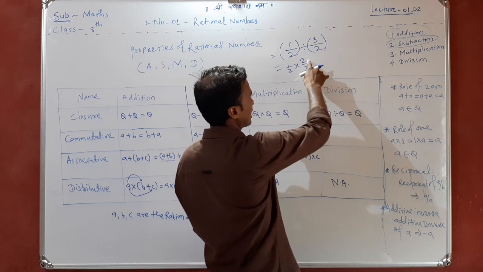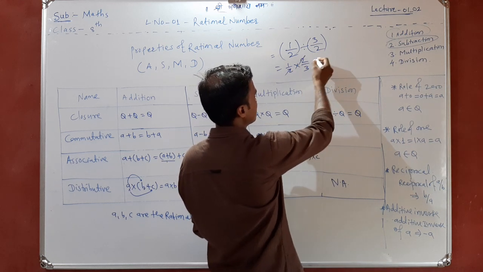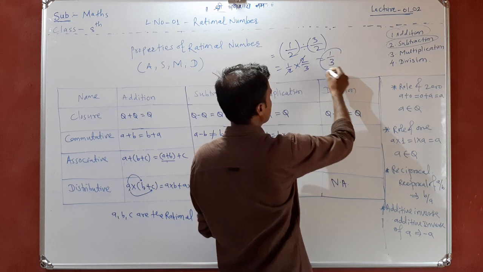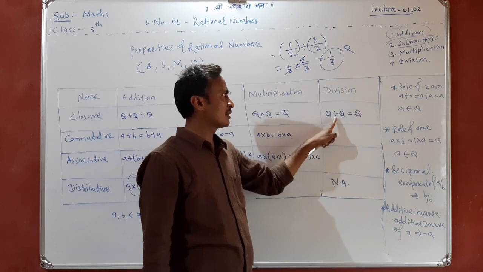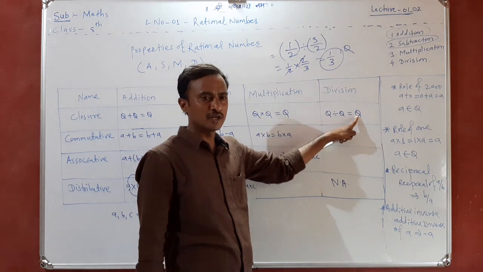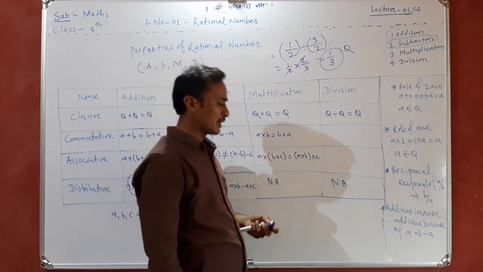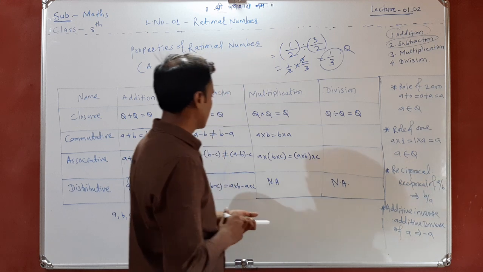The reciprocal of 3/2 is 2 upon 3, this gets cancelled here, 1/3. This is also q, meaning this is also a rational number. It means that q divided by q gives q, that is, rational number divided by rational number always gives a rational number.